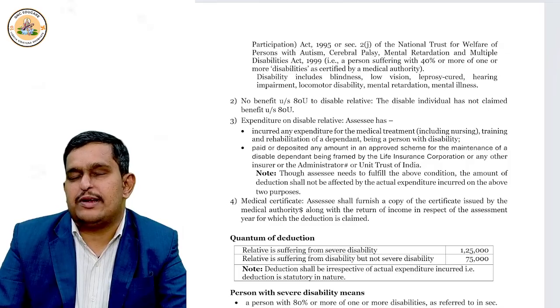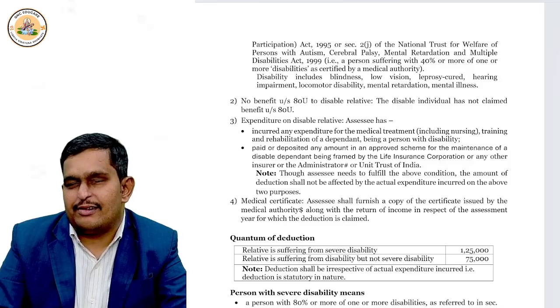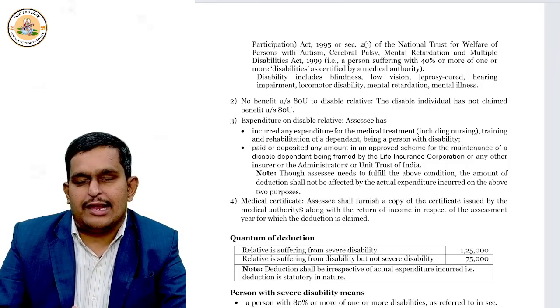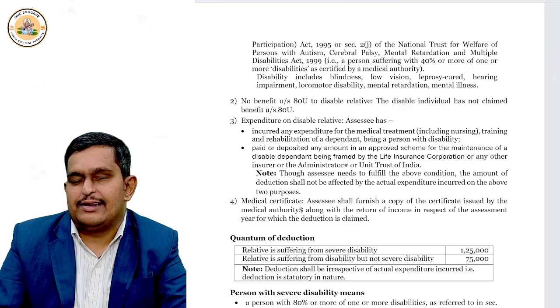Now from an exam perspective, what you should remember? This section is applicable to resident individual and resident HUF. Dependent means wholly or mainly dependent for support and maintenance. Relative means, for an individual, it may be self, spouse, correct? Dependent children or dependent brother and sister, parents also dependent.